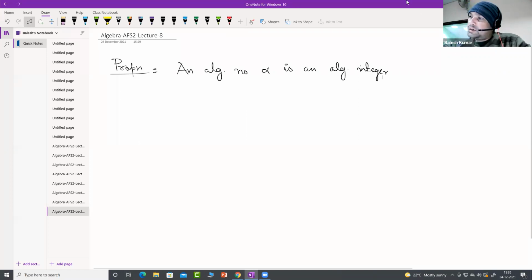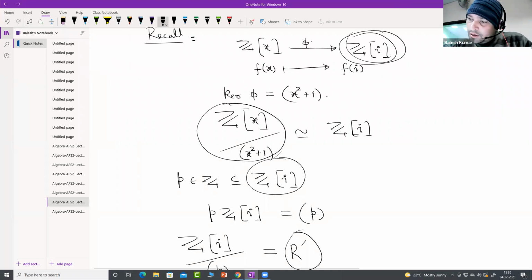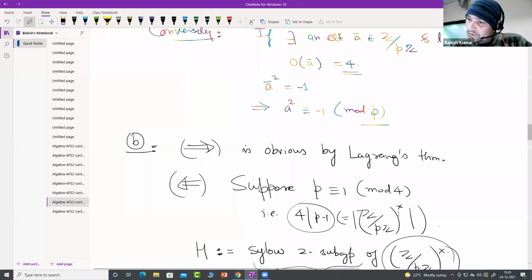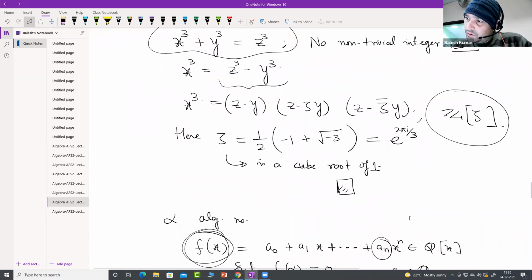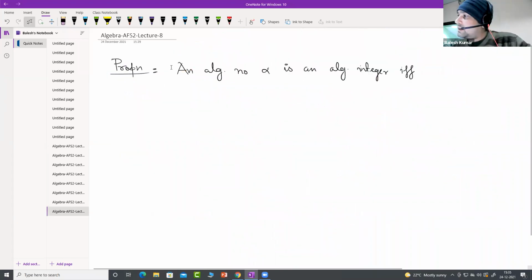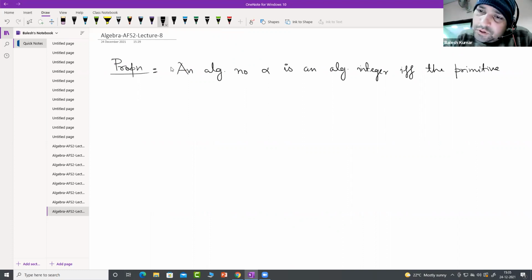if and only if the primitive irreducible polynomial for alpha, the generator for the kernel, is monic.